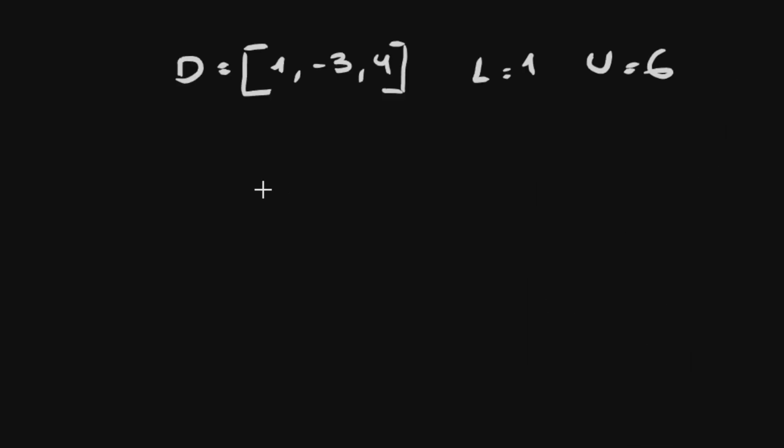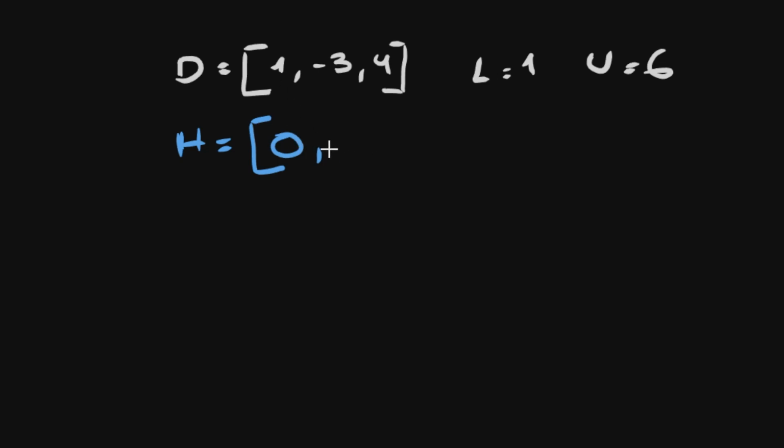Now let's say once again we have this array and these are the lower and upper bounds. So the first thing we want to do is to create a hidden array starting with the value 0. And from here with the differences we will create this hidden array.